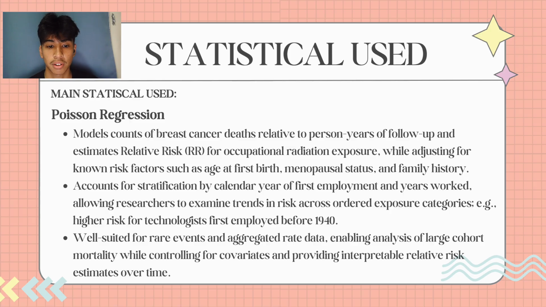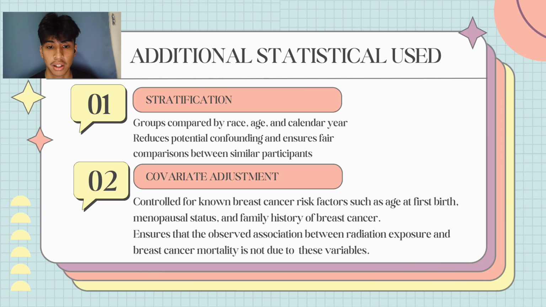Now going on to the additional statistical tools used, we found three, which are stratification, adjustment for covariates, and test for trend. Starting off with stratification, it was used to compare similar groups by race, age, and calendar year, reducing potential confounding and ensuring that comparisons are made among similar groups.